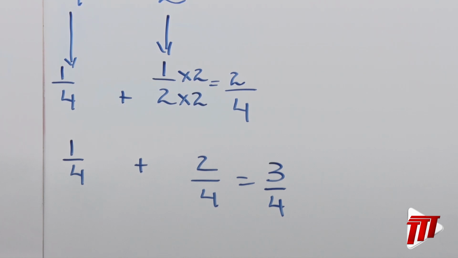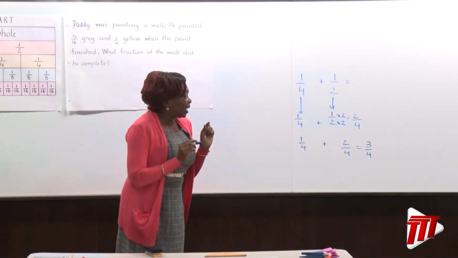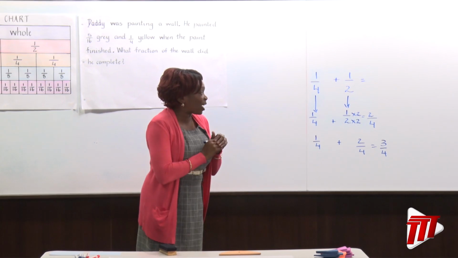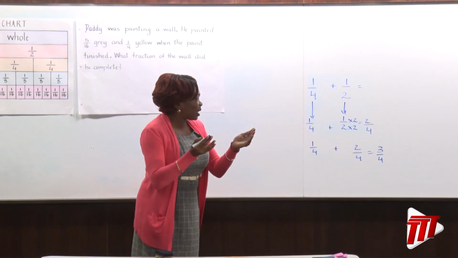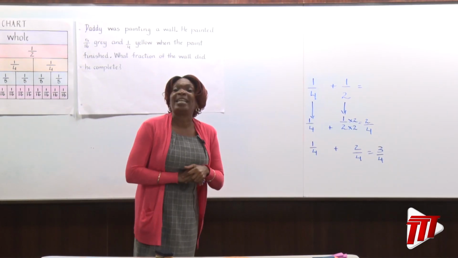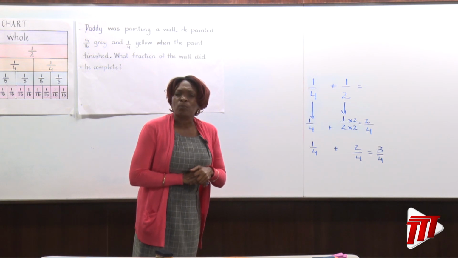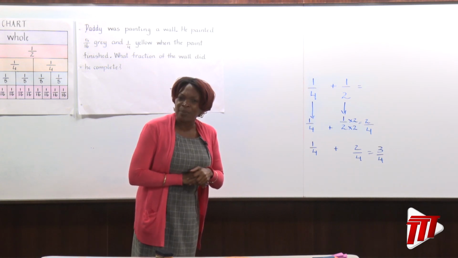By using equivalent fractions, we can compare these fractions and get the answer by adding them when the denominators are the same. Do you want to try it with another question? Let's do so.